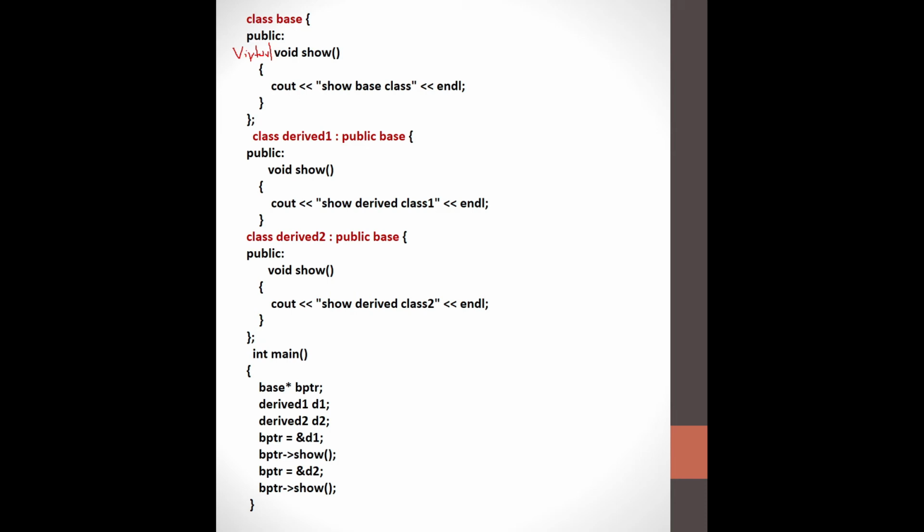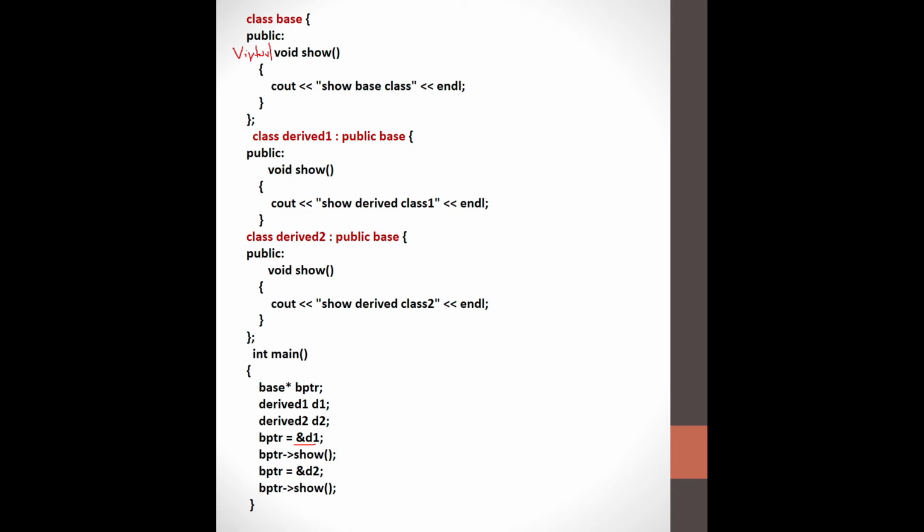Now you have bptr equal to ampersand d1, bptr show. Now where does it go? Yes, it automatically goes to the base class. So it sees a keyword virtual and it sees where it is pointing to. It is pointing to the derived class 1. So it automatically goes to derived class 1 show function and my output would be show derived class 1.